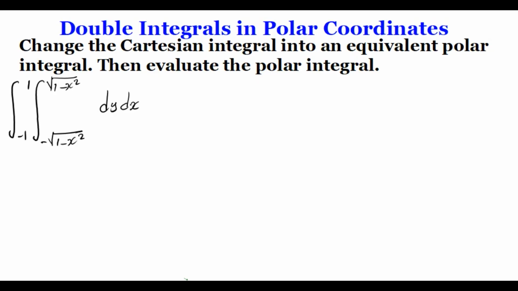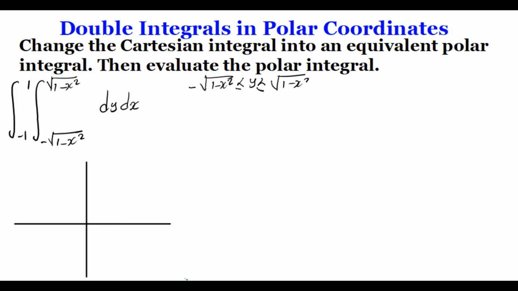Okay, so let's go ahead and sketch the limits of integration. So that's our vertical axis and that's our horizontal axis. So the inside part is for the y, so y is from minus the square root of 1 minus x squared, like that, to positive that. For the x is -1 to 1, like that.